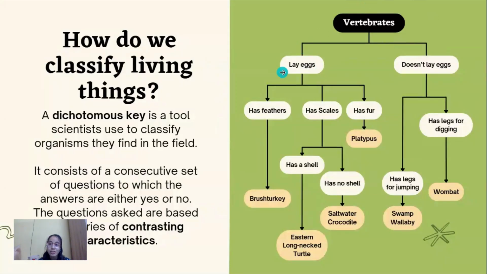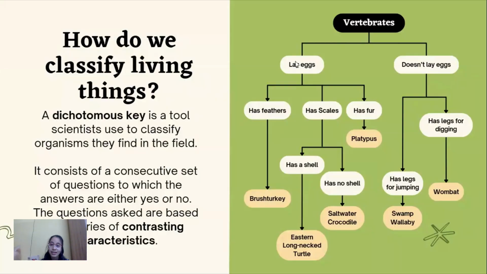Vertebrates, first, they are classified into two things, whether they lay eggs or whether they don't lay eggs. If they lay eggs, they are grouped in a separate group, and if they don't lay eggs, they are in a separate group. Now, for the vertebrates that lay eggs, three questions come: whether it has feathers, whether it has scales, or whether it has fur. Again, a yes or no question comes here, right?